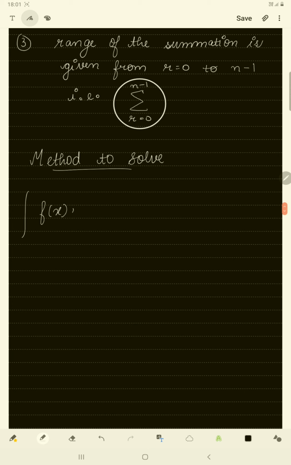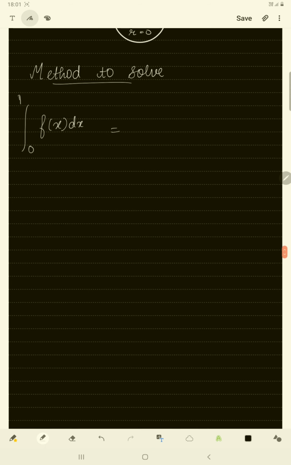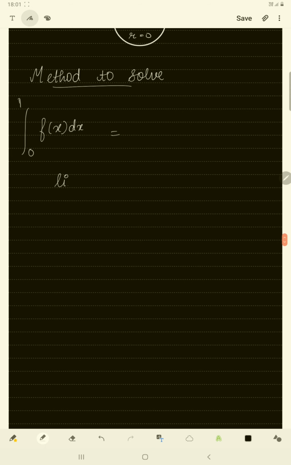We have the integral of f of x dx from 0 to 1 equals the limit as n tends to infinity of 1 by n, summation r equal to 0 to n minus 1, function of r upon n. If you are quick to notice, you can compare the terms in this form and this form, since these are equated by an equals sign. So we have 1 by n and the function of r by n.